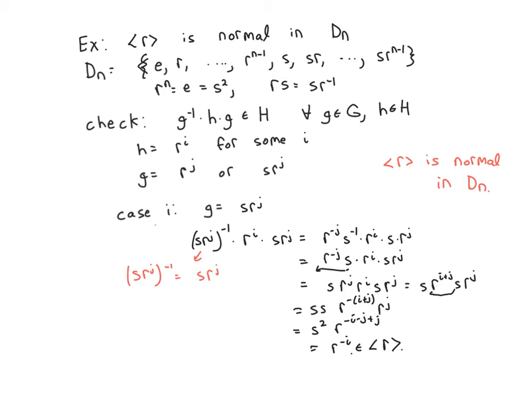So you could have done the calculation a slightly different way. But this does tell you something interesting. If you do a reflection across some axis, a clockwise rotation by a certain amount, and then a reflection across that same axis, that is equivalent to just doing a counterclockwise rotation.